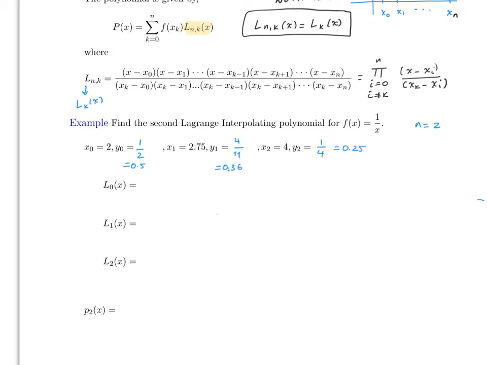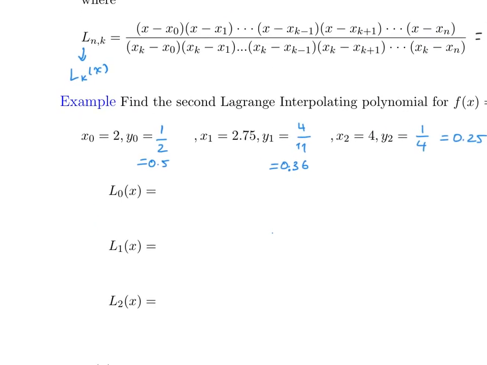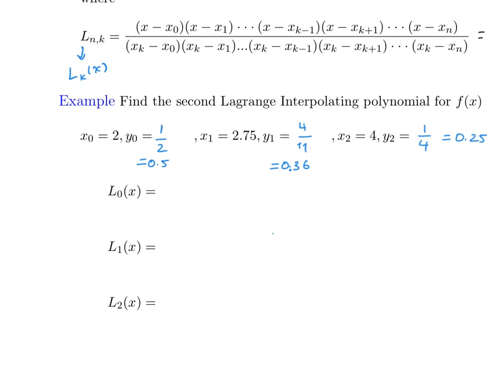So L0 is going to be equal to L2 of 0. And this will be x minus x1 times x minus x2. And on the bottom, since the value for k is 0, this will be x0 minus x1 times x0 minus x2. And then just plug in the values.